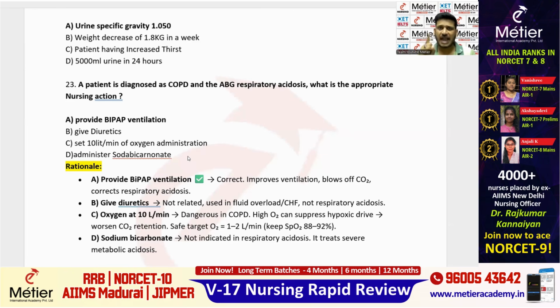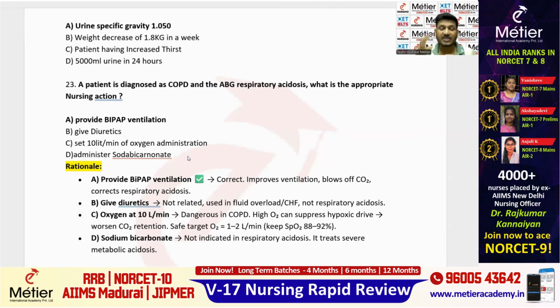The first one is the hypercapnic drive. The second one is the hypoxic drive. Whenever the partial pressure of carbon dioxide is increased, the central chemoreceptors, listen carefully guys, which are present in the medulla oblongata, will get activated, stimulate the respiration and maintain the normal respiration. This is called the hypercapnic drive.